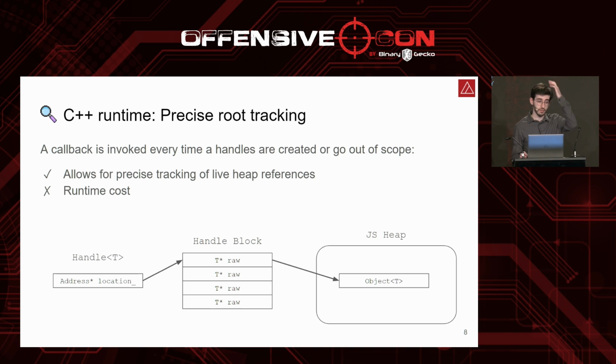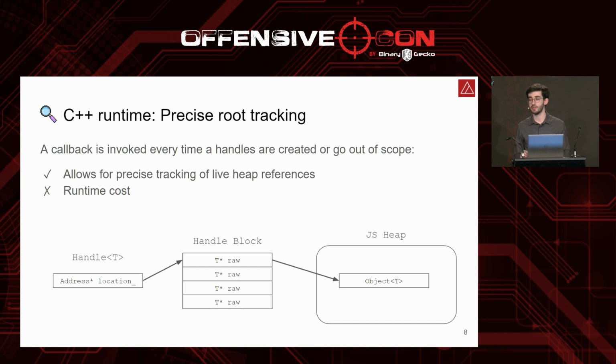With this approach, we know precisely the set of roots at any point in the execution. This approach is called precise root tracking. However, since creating and destroying handles happen very often, having an additional callback every time comes at a significant runtime cost.